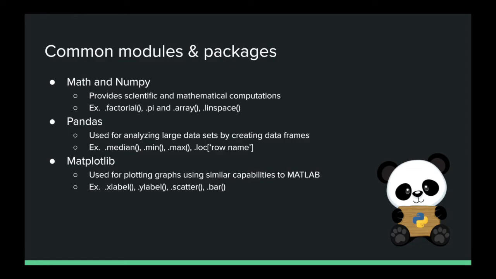Some of these include dot factorial, dot pi, and those are in math. And then in NumPy, you can make arrays, so dot array. And then there's a dot linspace function, which basically asks for two numbers and then how many numbers between that you want. So that third argument splits the range of the first two numbers by that amount. And I'll show you an example of that soon.